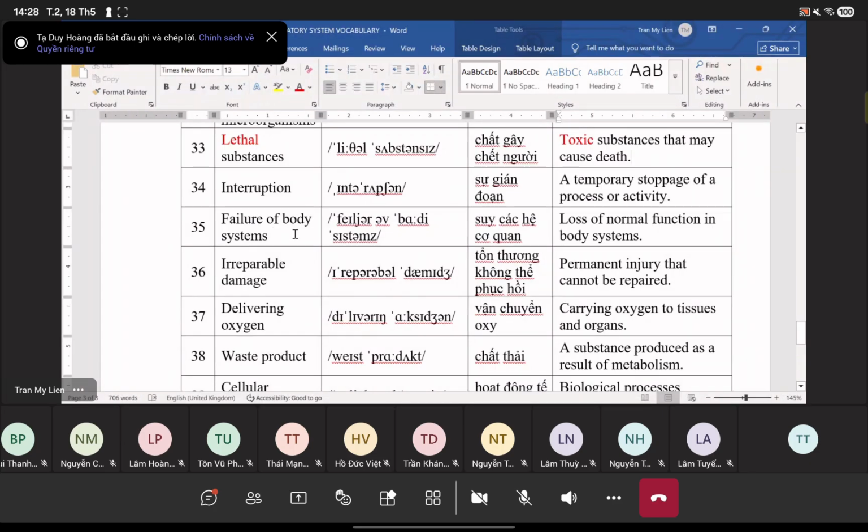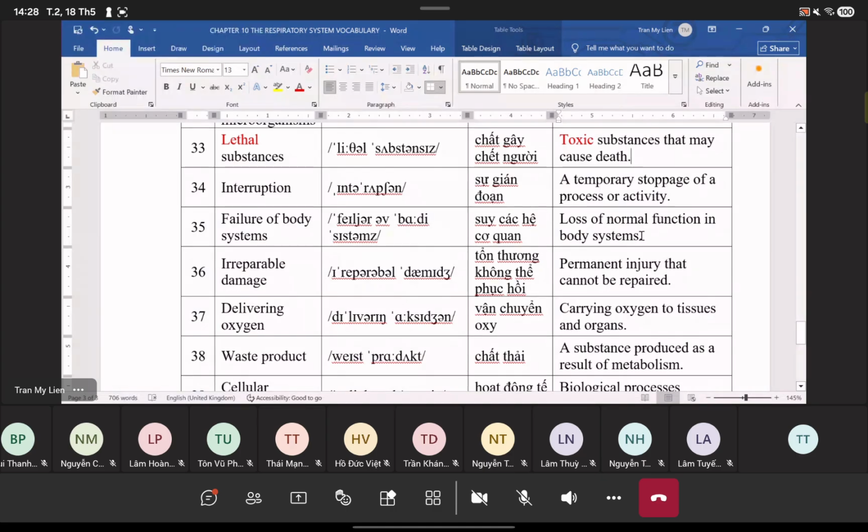Heart failure, kidney failure mean the loss of normal function of the body system or organ. Irreparable damage means permanent injury that cannot be repaired.